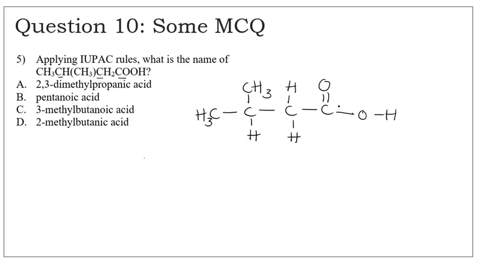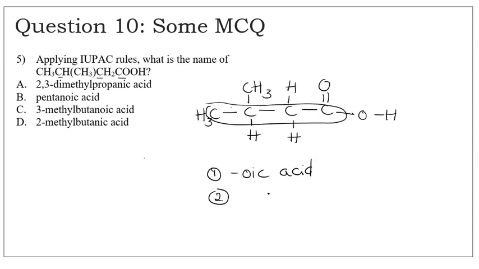So I'm just going to go ahead and name it. It starts with an oic acid. And all right, longest carbon chain is this. So 4, which is but-. You do have a branch of methyl, and you do need to number the longest chain.